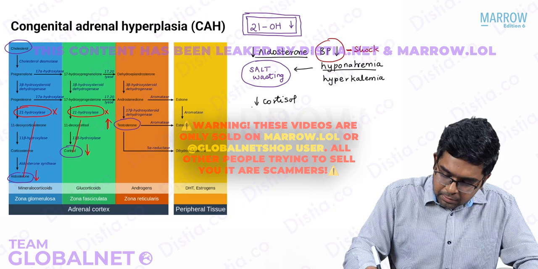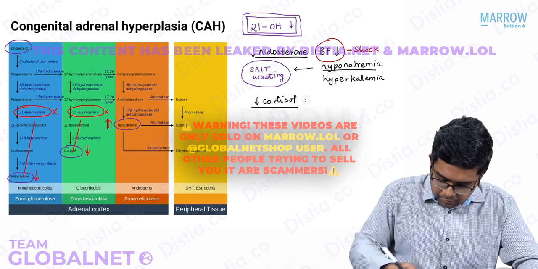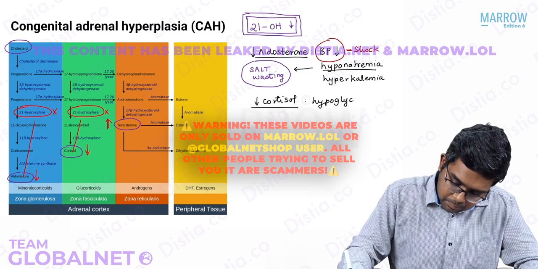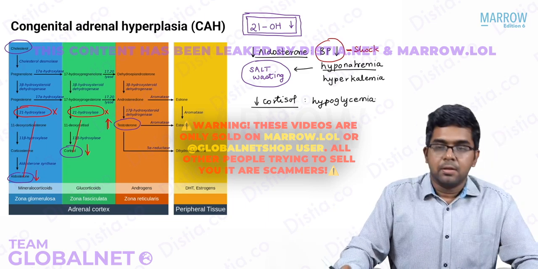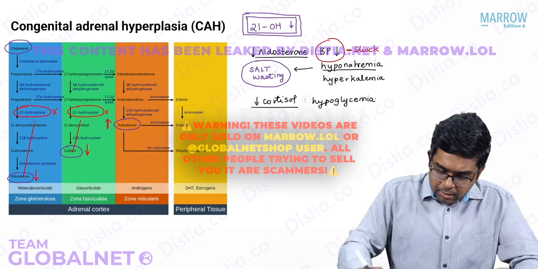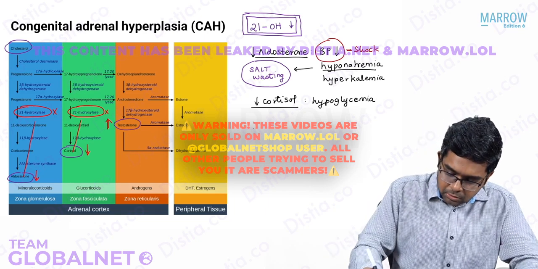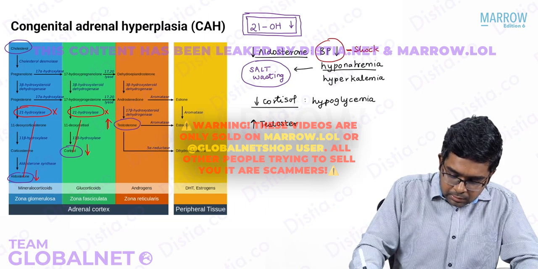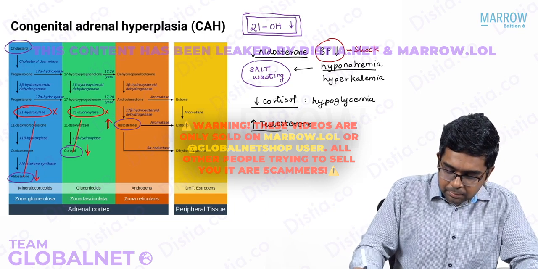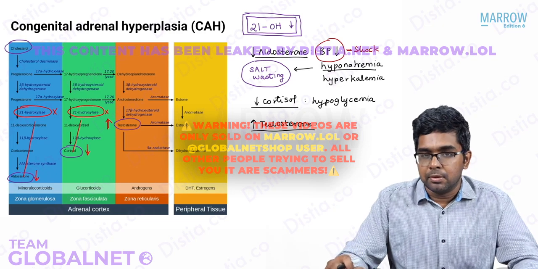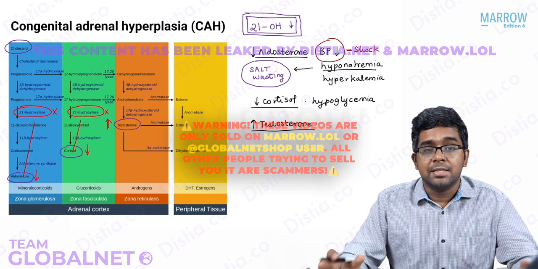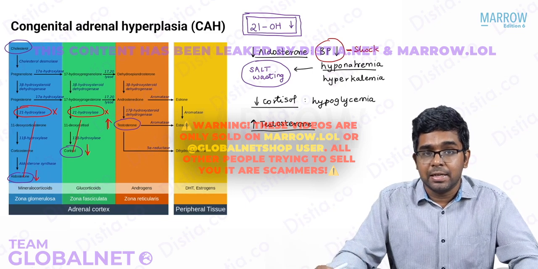The next set of features is related to low levels of cortisol. What is going to happen? Because of low cortisol, they can have hypoglycemia. And they are also having increased levels of testosterone. This creates a problem in a female baby. How? Because under the influence of testosterone, the external genitalia undergoes virilization.